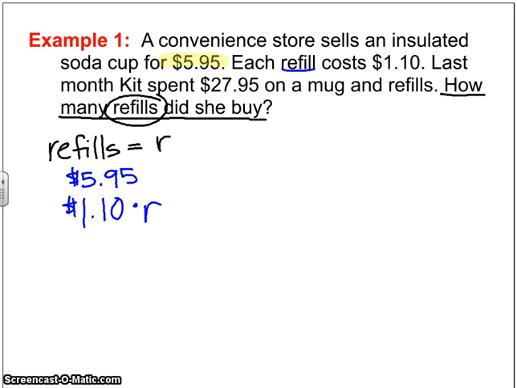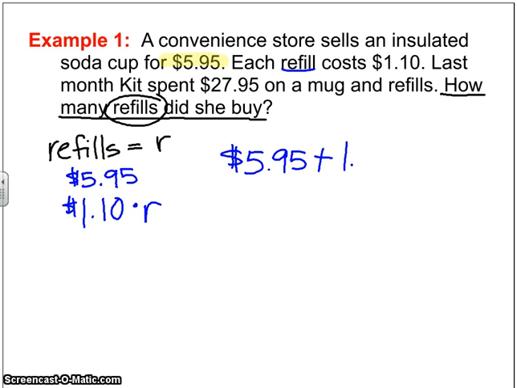Now last month, Kit spent $27.95 on a mug, so she only bought one mug, and refills, but we don't know how many refills that are. In other words, she had to buy a mug for $5.95, and in addition, there was a cost with each refill.